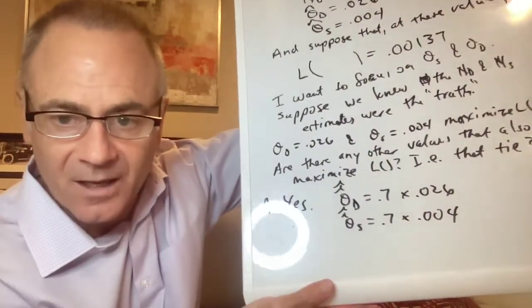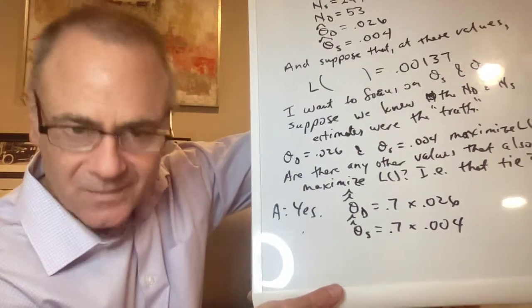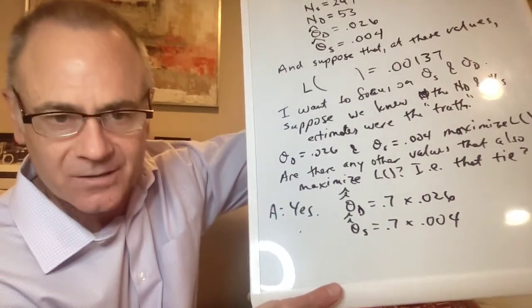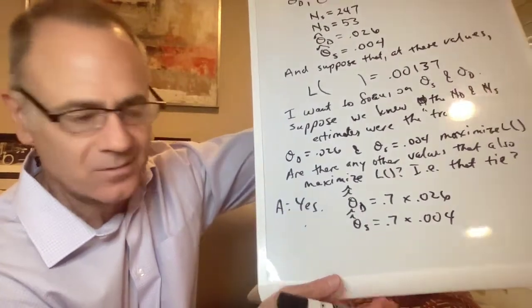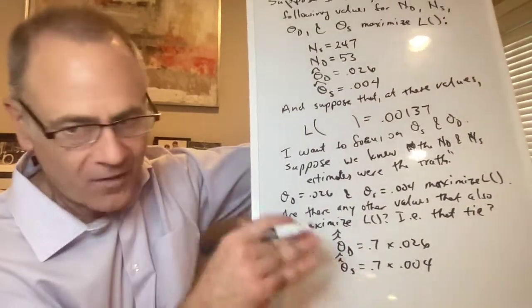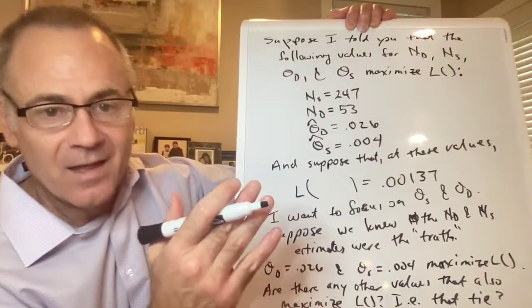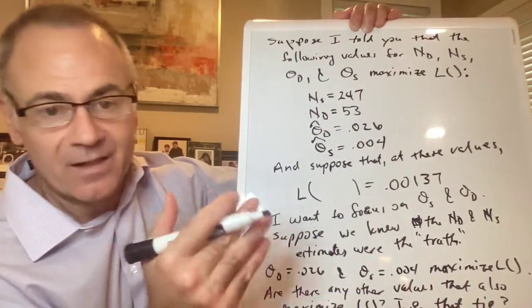That's my claim. That second possible set of values for theta D and theta S are just the old values times 0.7, and I claim that the likelihood function will not change. Let me show you why that is true.